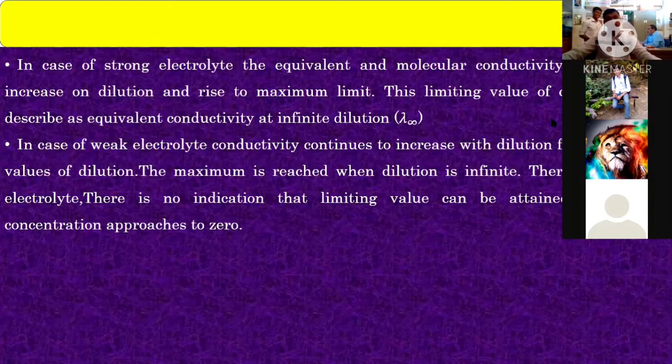Why? Because in a weak electrolyte, the formation of ions is at a very slow rate. Then you add more and more solvent or water to the weak electrolytic solution.